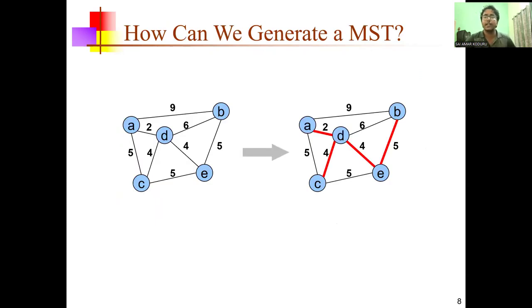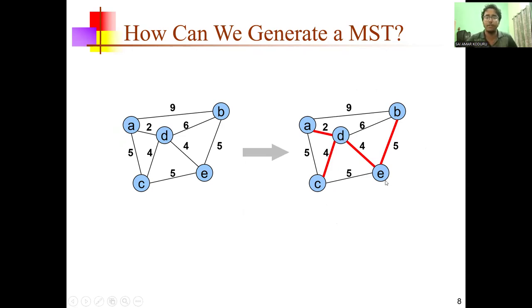Now, how can we generate an MST, or minimum cost spanning tree? Given below is a diagram, or let's say a graph of it, in which, as we can see in the secondary figure, A to D the cost is 2, which is the least among all the given weights. From D, we'll go to C, which is 4, the second least value.